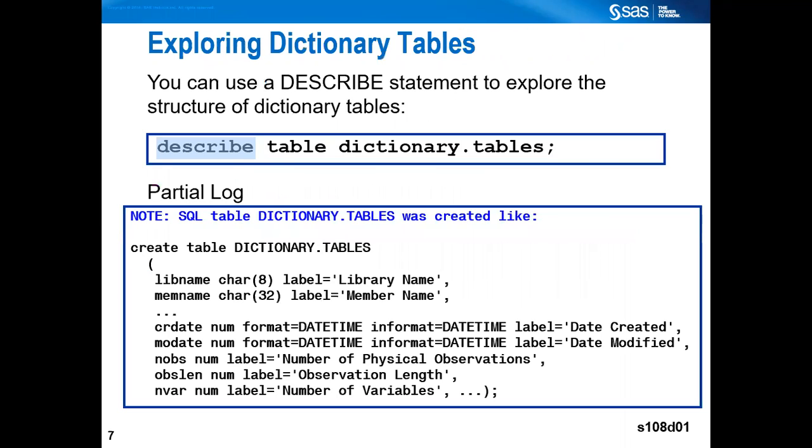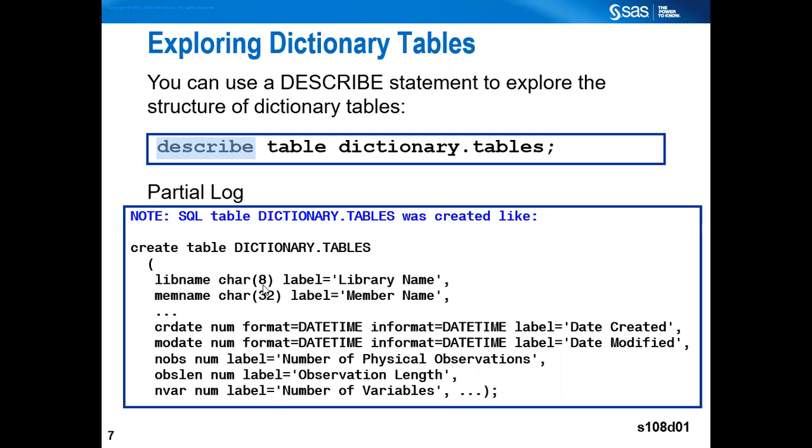Now let's explore. One of the statements you write is describe table dictionary dot tables. Though it's a table, you know the syntax: when you want to describe a specific table or data set, we use the keyword table. So it is dictionary dot tables. It will tell you the libname, that is, the contents of how the libname information is saved throughout the session. Libname is a character value with 8 bytes.